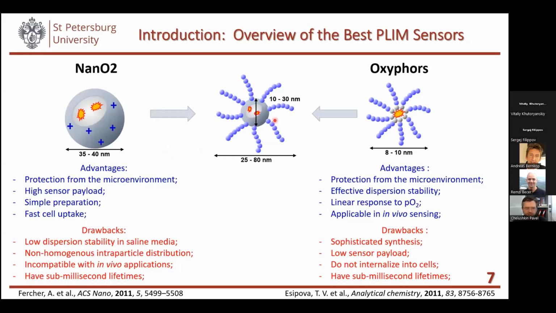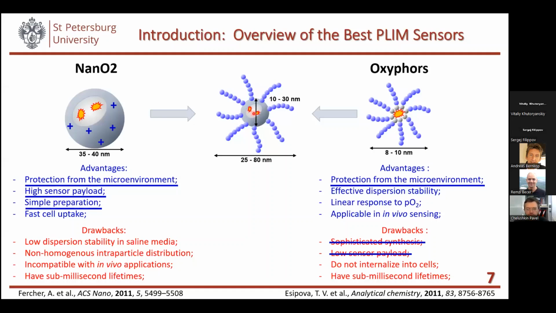And of course, in this case, we will enjoy dual protection from the microenvironment, due to the core and due to the shell. And of course, here we can also easily prepare these nanoparticles and get high sensor payload due to the core and the ability to place several copies of the sensor into this core.